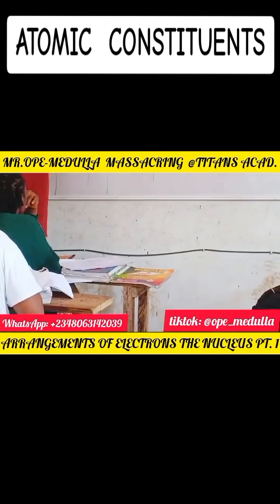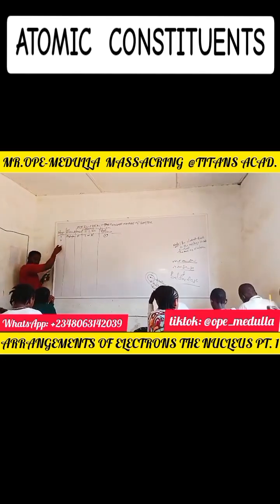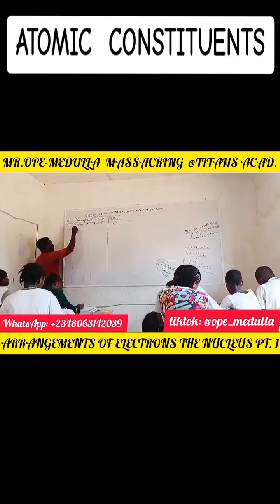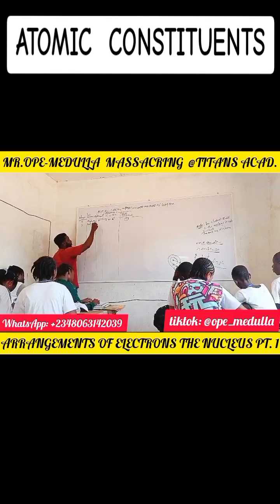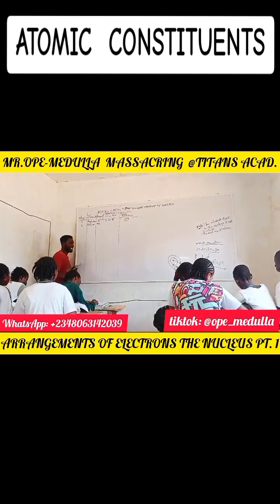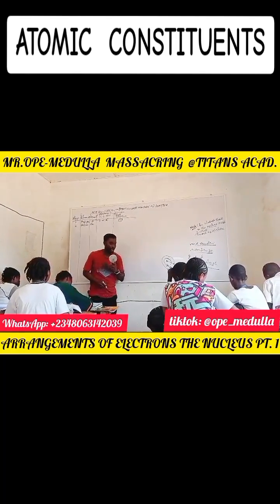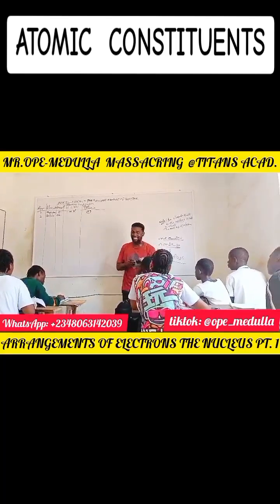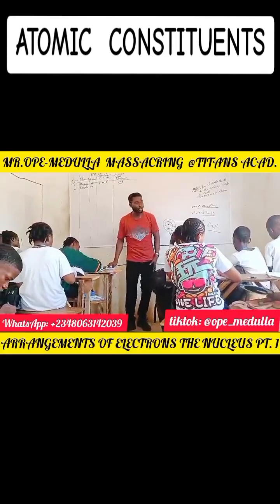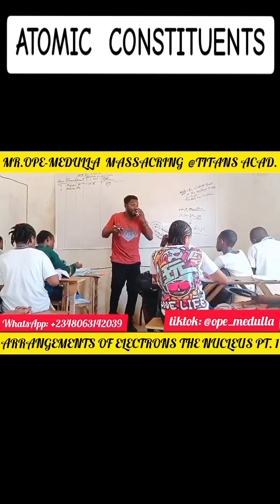So now, number 2, that's atomic number 2, which is what? Helium. Atomic number 2 is what? Helium. And that is what? He. A chemistry student must learn both the name and the symbol. Because as time goes on, you are not going to be using the name, you are going to be using the symbol.